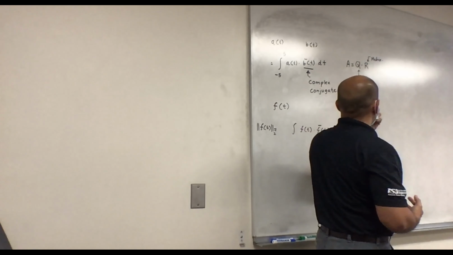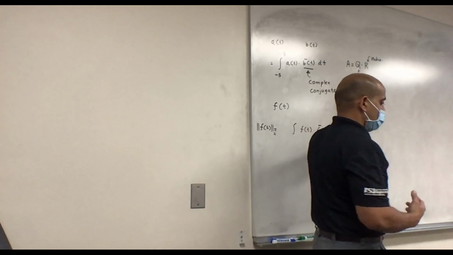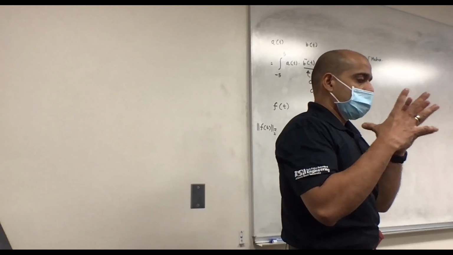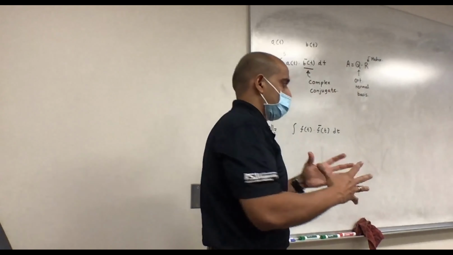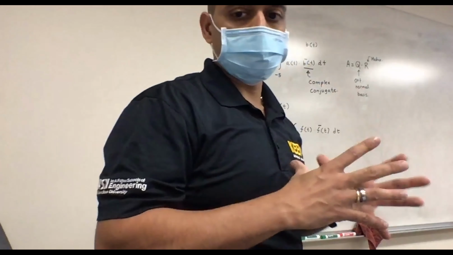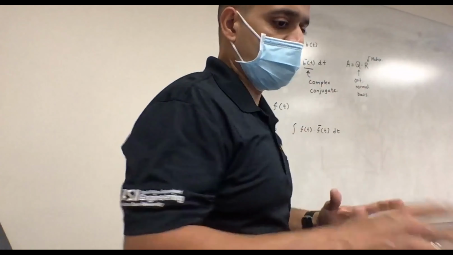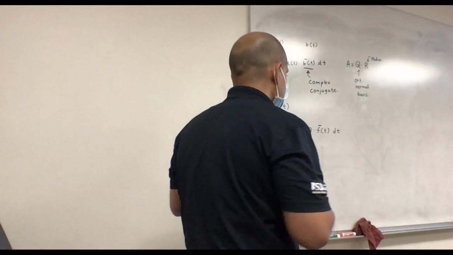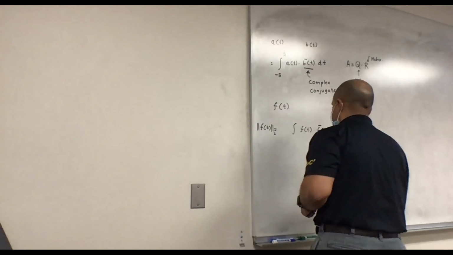When you add those together, you get A. If you extend this concept to continuous functions, you basically get something called the Fourier series. So what is a Fourier series?